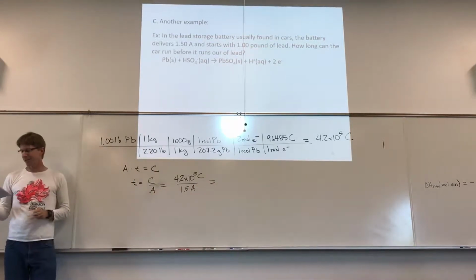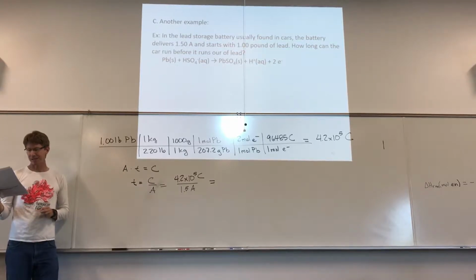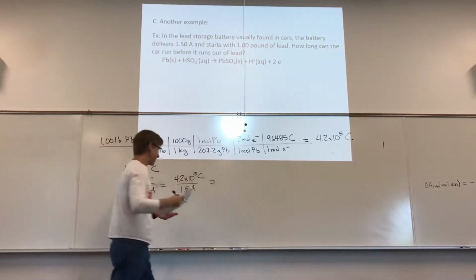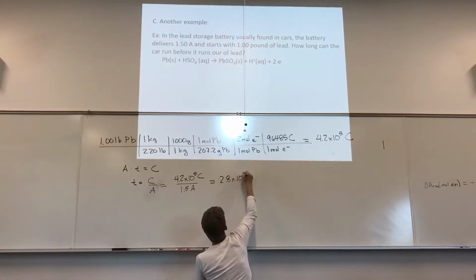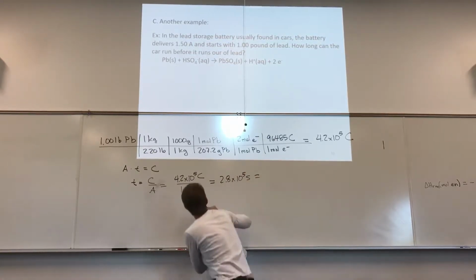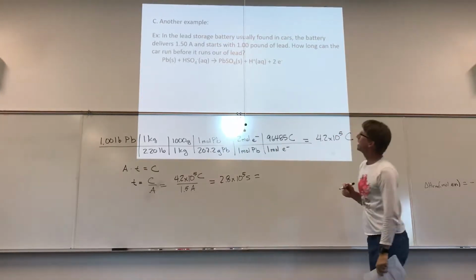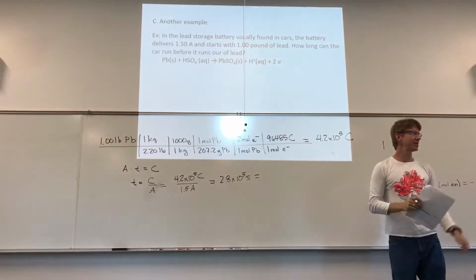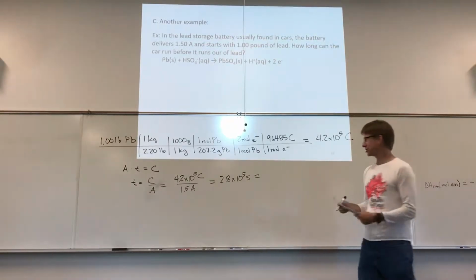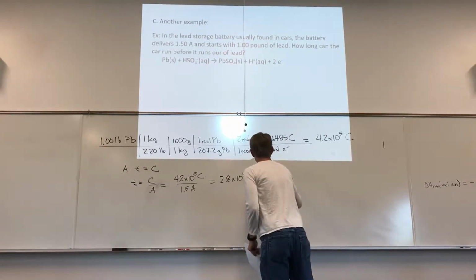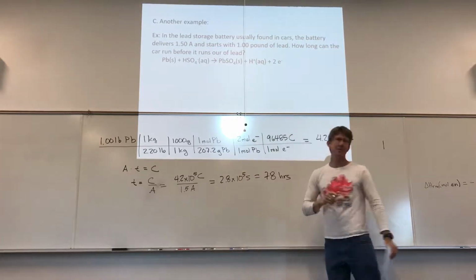And the time here is going to be in seconds. I get 2.8 times 10 to the 5th seconds. And it doesn't say this, but I'll convert it into something maybe a little more familiar. I'll convert it into hours. And it turns out to be 78 hours.